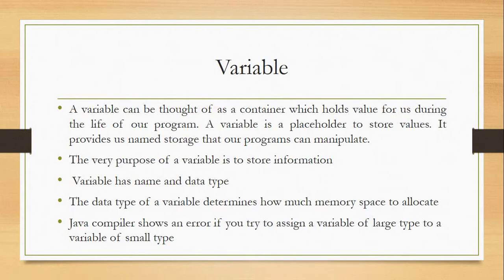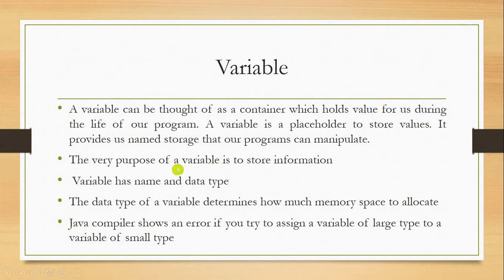Now let us see the definition of variable. A variable can be thought of as a container like our glass, which holds value for us during the life of our program. A variable is a placeholder to store values. It provides us named storage that our programs can manipulate.